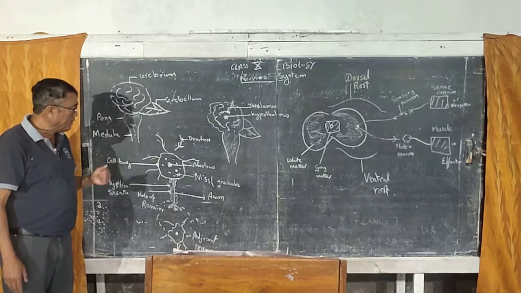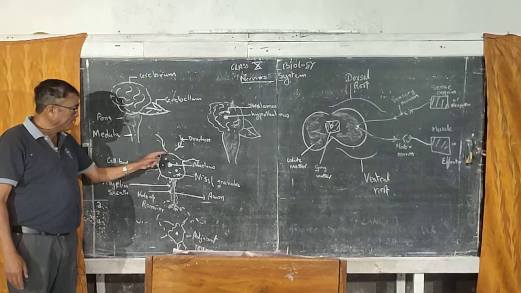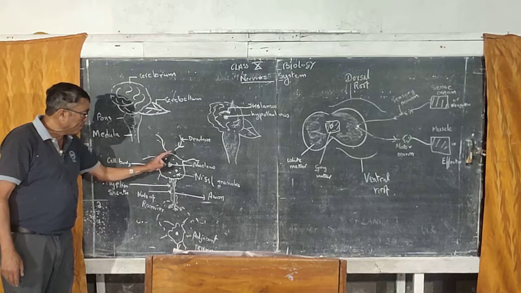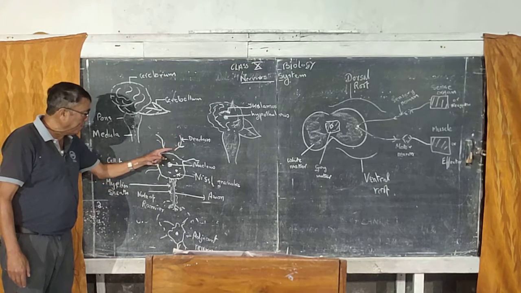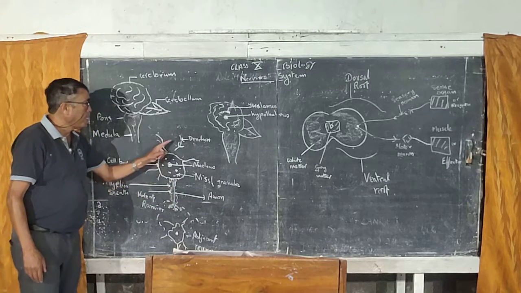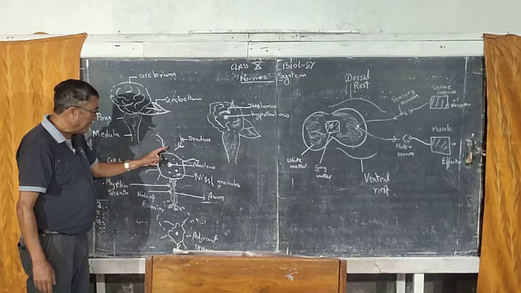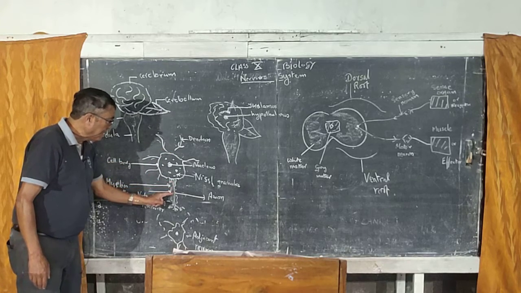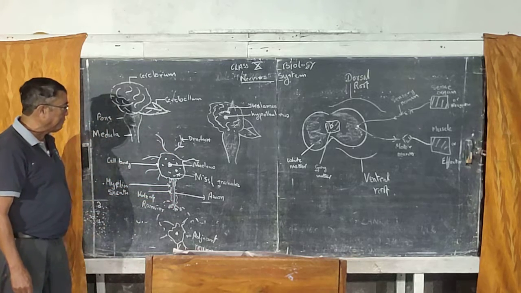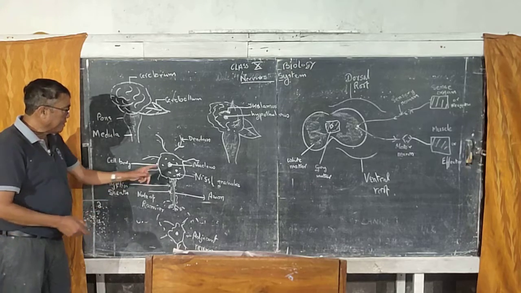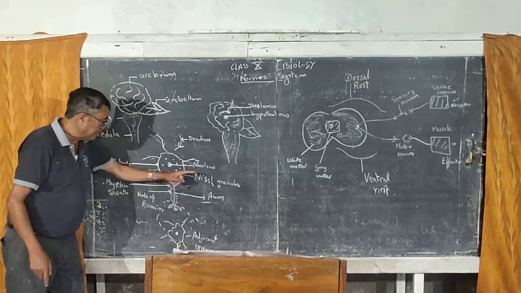Now, structure of a neuron. It consists of the cell body and two fibers, dendron and axon. These dendrons bring impulse towards the cell body, and axons carry impulse away from the cell body. Nucleus, Nissl granules.